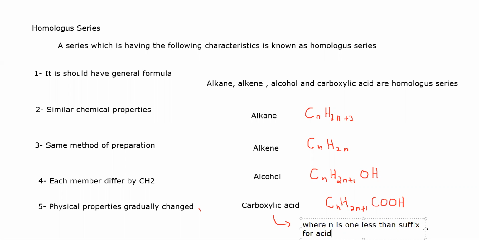I will give an example so you will understand this statement. First, I want you to copy. Alkanes, alkenes, alcohols, and carboxylic acids all have a general formula. They have similar chemical properties. They have the same method of preparation. The physical properties gradually change. Each member differs by CH2.